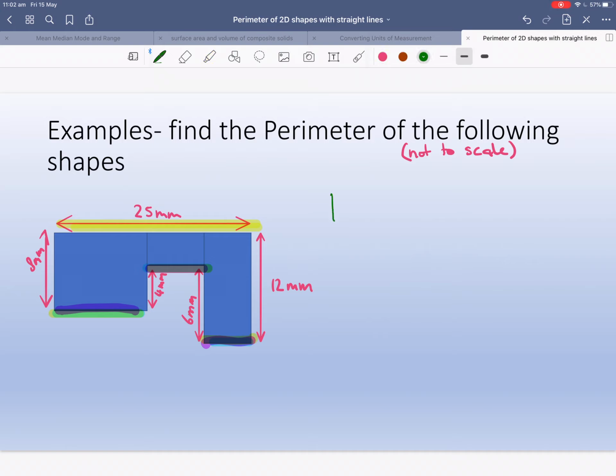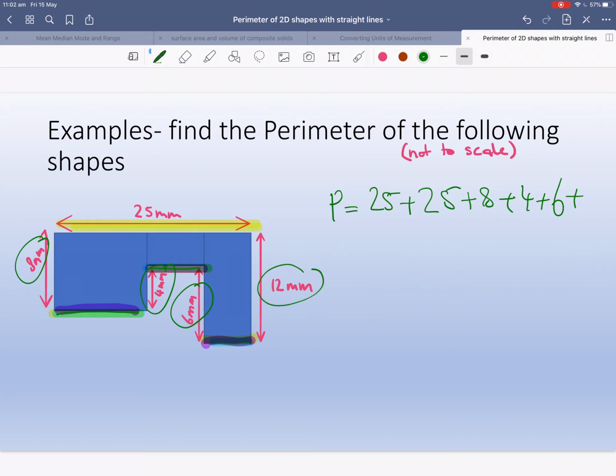So I'm going to go perimeter equals, I'm going to go with the 25, plus this second 25, that, and that. If you don't get what I'm telling you, ask your teacher. And then I'm going to add all the other numbers. So 8 plus 4 plus 6 plus 12.